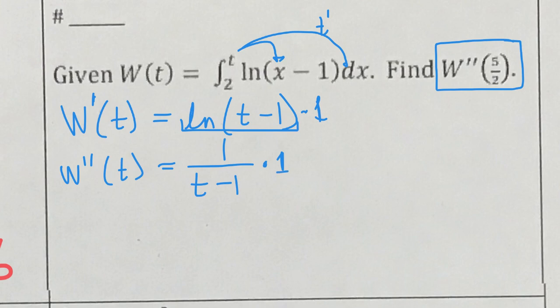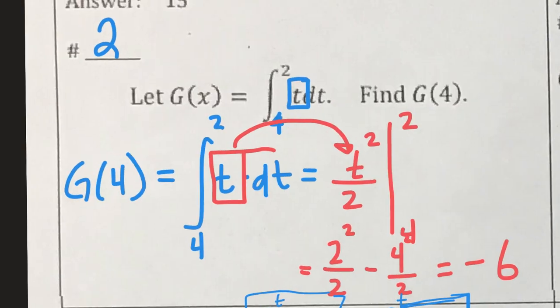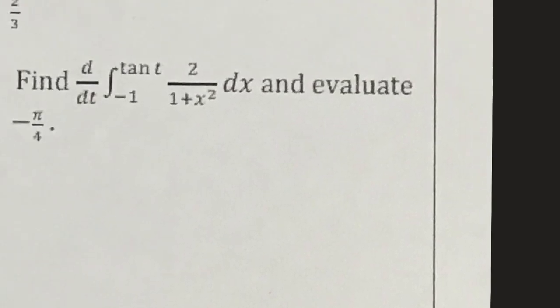So the derivative of a natural log is 1 over the parentheses, whatever that x value is, times the derivative of your x value. And now that we've calculated the second derivative, we can plug in 5/2. So 1 minus 1 over 5/2 minus 1. Okay, we get that, which takes us all the way over here.